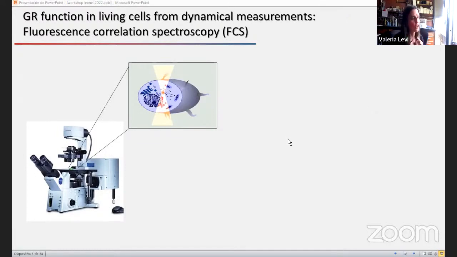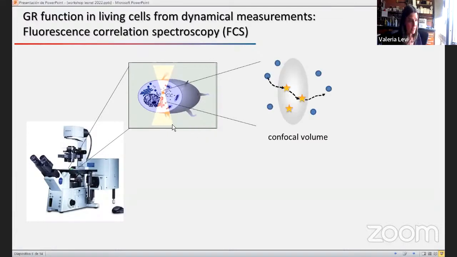Okay. So the first question is, can we observe the receptor in action? And one of the ways to answer this question is by using FCS, very rapidly. Here you have, for example, a confocal microscope. You focus the laser on a cell, let's say in this spot, and as Enrico explained, by doing so, you define a very small, tiny observation volume.